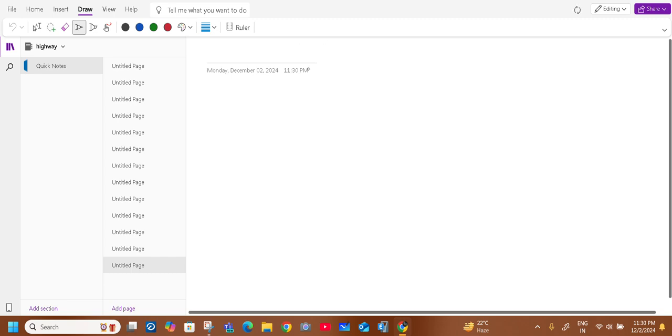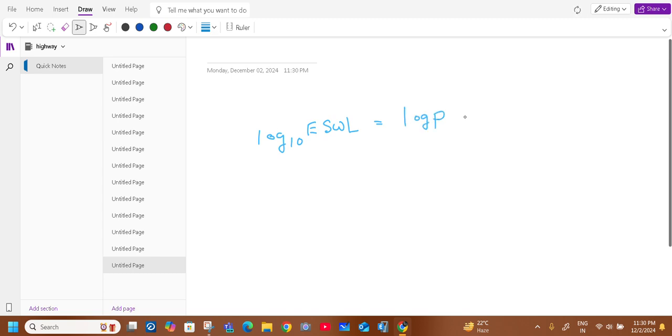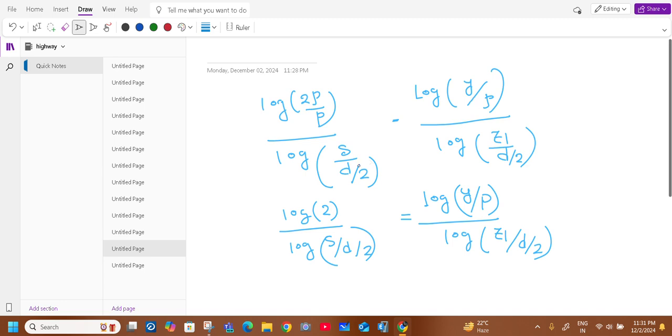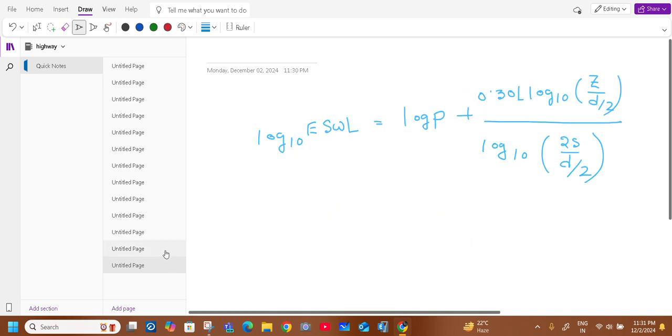So the final formula will be log 10, so we can clearly match them.